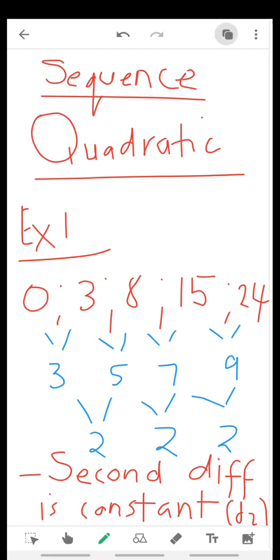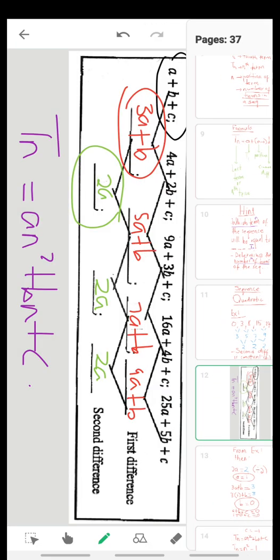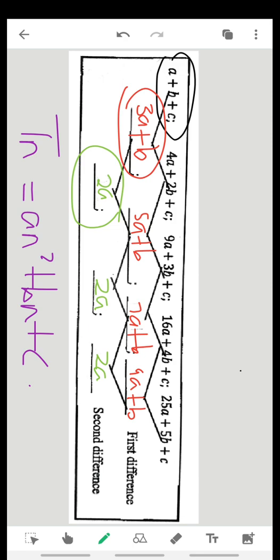Now moving on. I have a small exercise here for you. Let us say I give you 5 terms. A plus B plus C, first term. 4A plus 2B plus C, second term. 9A plus 3B plus C, third term. 16A plus 4B plus C, fourth term.